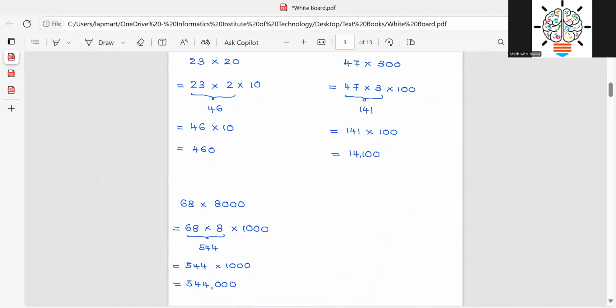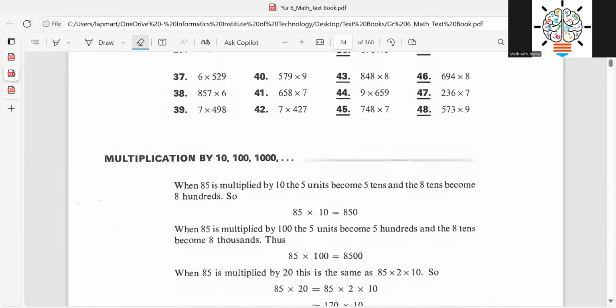And then 20 you can write 2 times 10, 300 you can write 3 times 100, 8,000 you can write 8 times 1,000. So then first you multiply the two numbers like 23 times 2, 47 times 3, 68 times 8. Then whatever the answer you multiply by 10, 100 or 1,000. Okay, so that's the easiest way to do it.